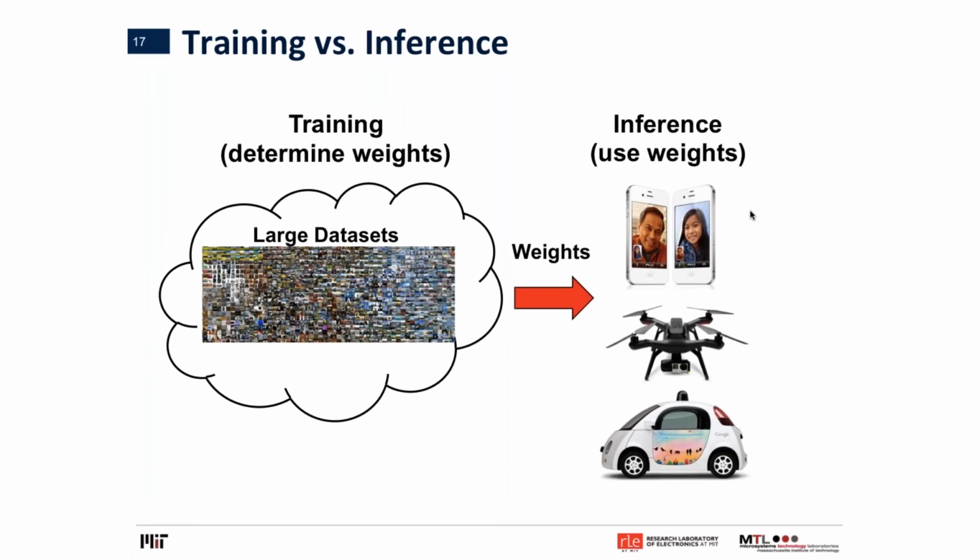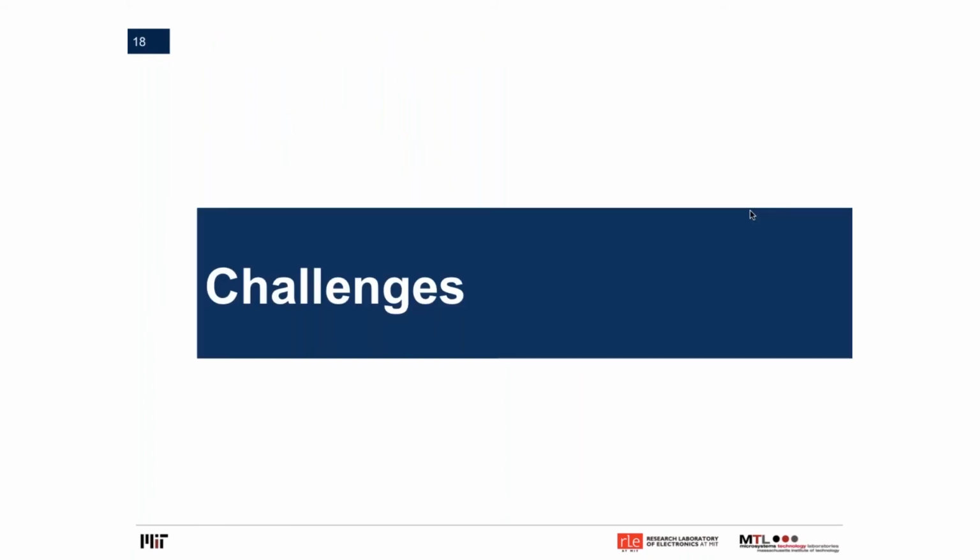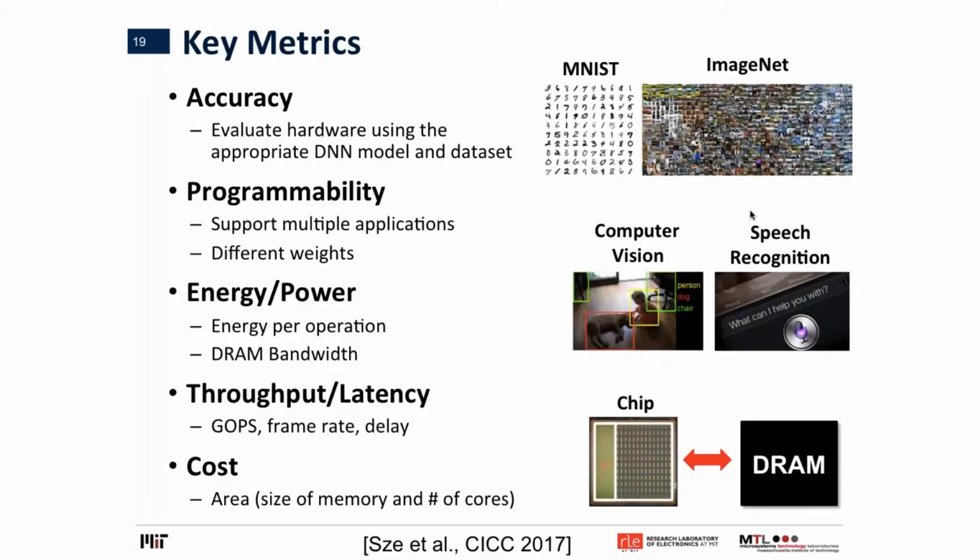So what are the challenges that we actually face within this space? I really want to summarize all the different metrics that we have to hit in order to have a very useful and feasible embedded solution using deep learning. So obviously the first important metric that you should consider when evaluating or designing these neural networks is accuracy.